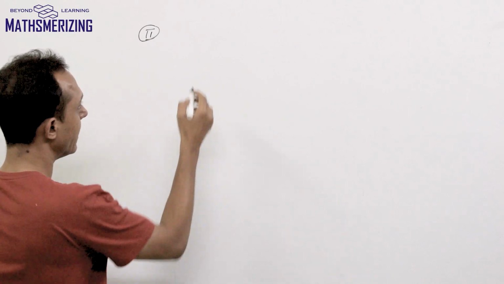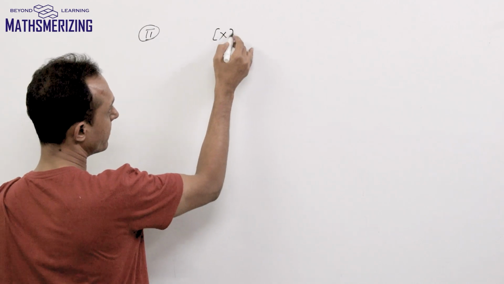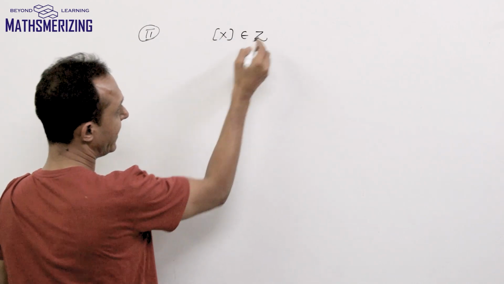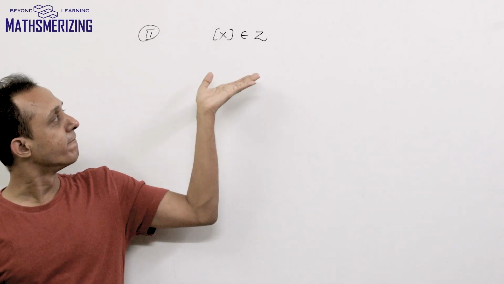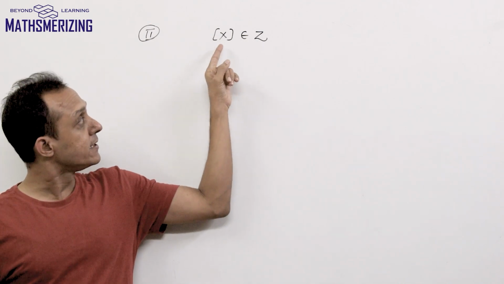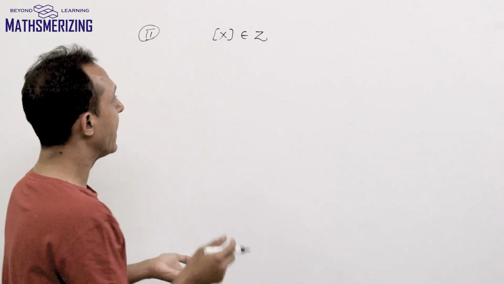Now the second property of greatest integral function is that greatest integral function of x is an integer. So it can only take integral values. It cannot take random fractional values. So whenever you see greatest integral function, think of it as some integer.